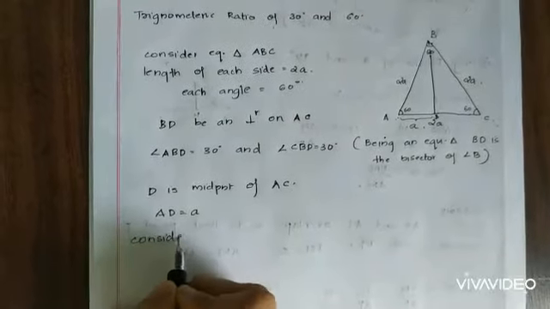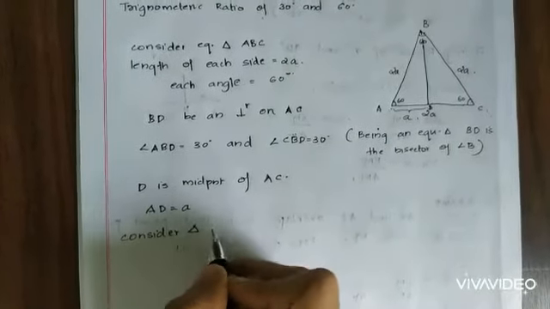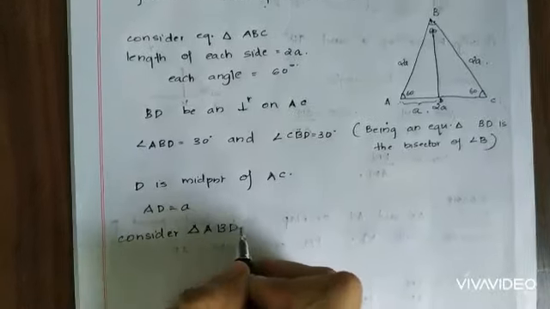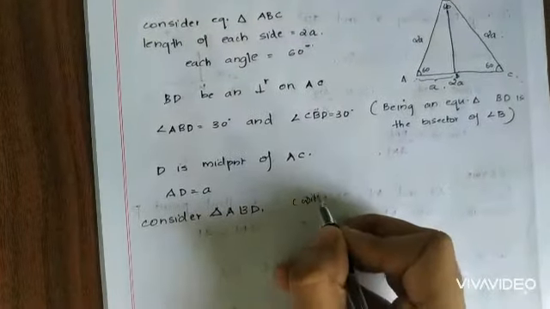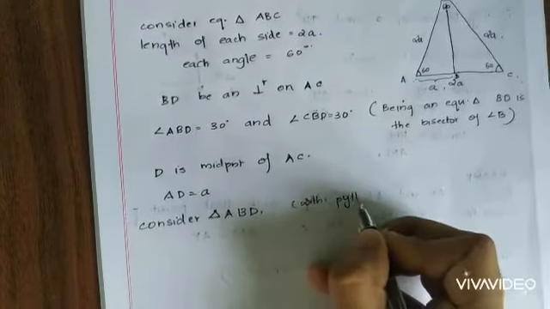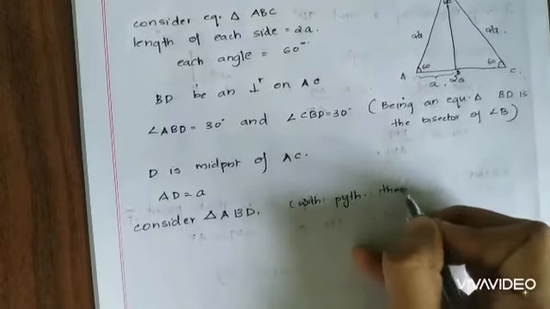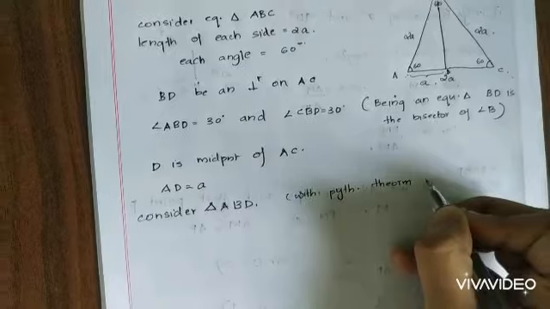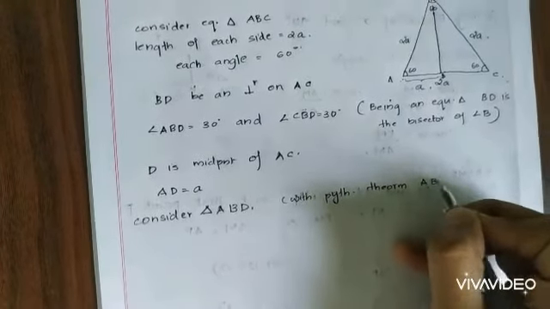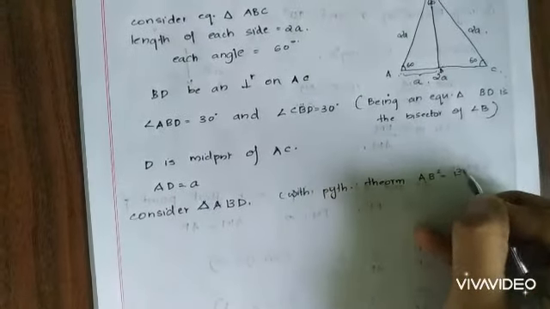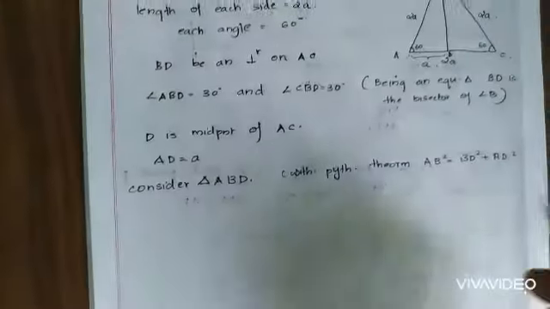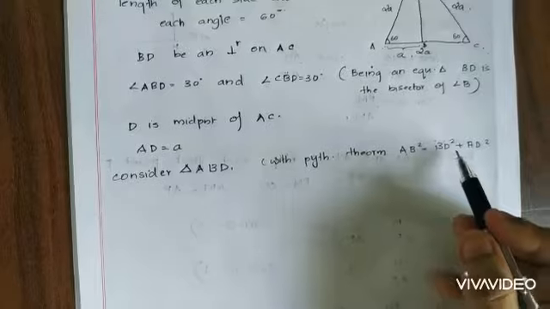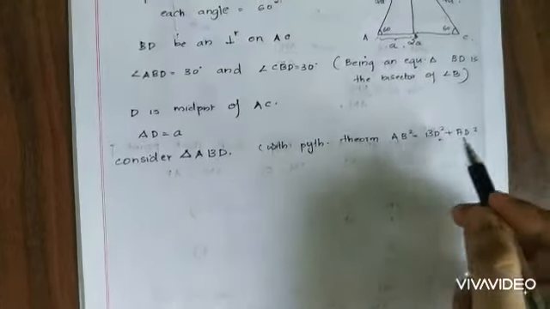Consider right angle triangle ABD. With Pythagoras theorem, we know AB square is equal to BD square plus AD square. That is, hypotenuse square is equal to perpendicular square plus base square.